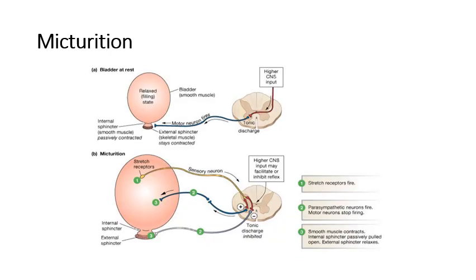As is demonstrated here in this graph, at rest there is a tonic discharge of motor neuron fibers to the internal and external sphincter, which keeps them contracted.